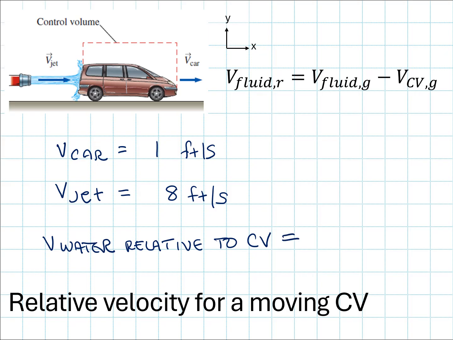Right, so I just take my governing equation and I can find that the velocity that water's moving relative to this moving control volume is going to be the velocity of my jet, the 8 feet per second, minus the velocity that my control volume is moving, the 1 foot per second.